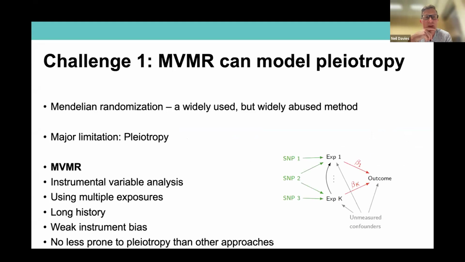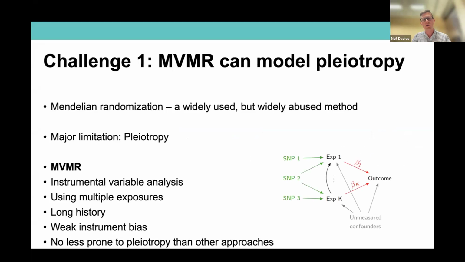Now, the biggest limitation of MVMR is clearly pleiotropy, and we can use it to model at least one additional exposure on top of the exposure of interest.